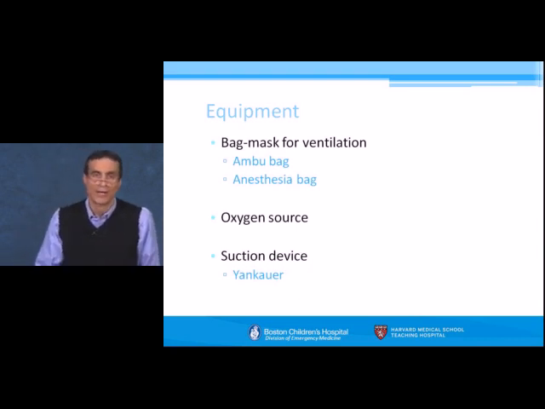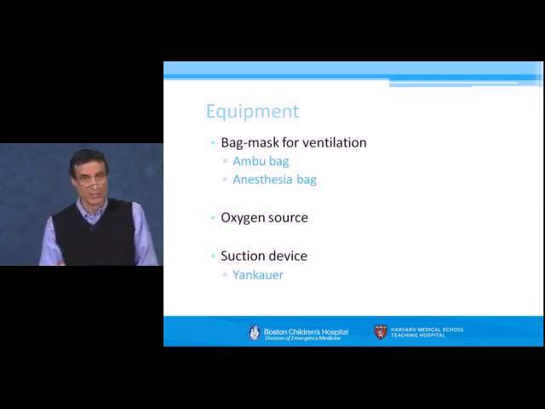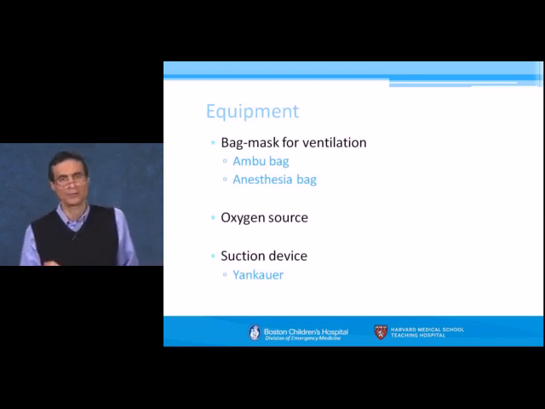Now, the suction device should not be a small feeding tube, even in the small infants. It should be a Yankauer suction. And the reason for that is that aspiration of clear liquids, as opposed to particulate matter, does not cause chemical pneumonitis that leads to clinical aspiration syndrome.